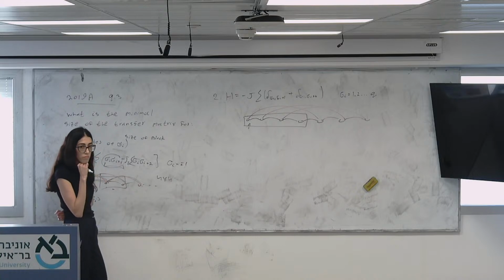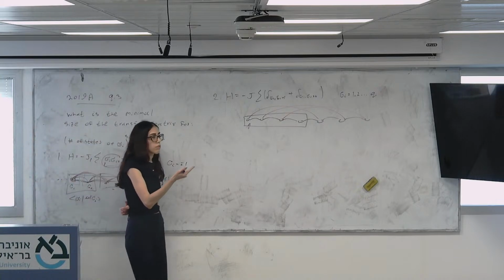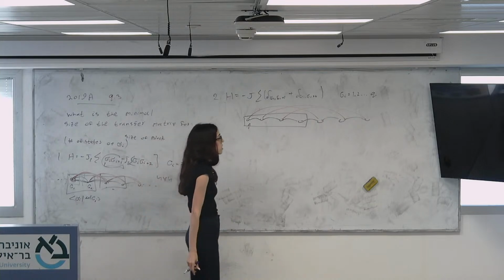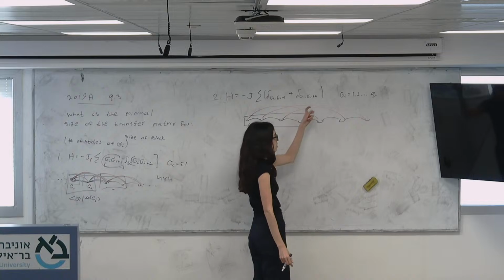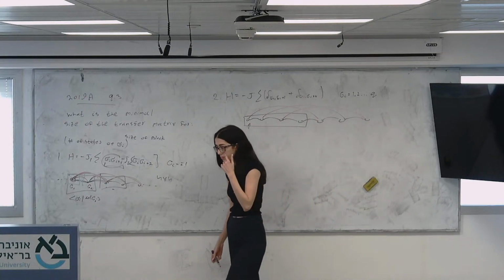Not with 5 spins? No, because look what we had here. If we had I and I plus 1, we only need 1. If we had I plus 2, we need 2, and so on. The rule is that we need the one that has the longest range interaction.